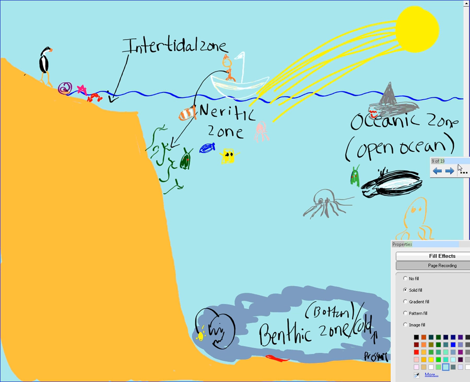Your Nemo could be found in the open ocean because he wandered, because he does swim. They don't just say, oh, that's where my cutoff is, can't go any further. They do swim and they do float. We found octopus and squid on land. So they float, but these different areas are where they thrive. That's why we have them there.